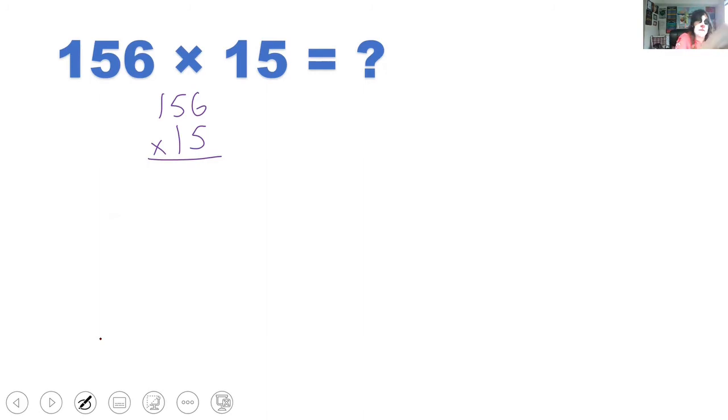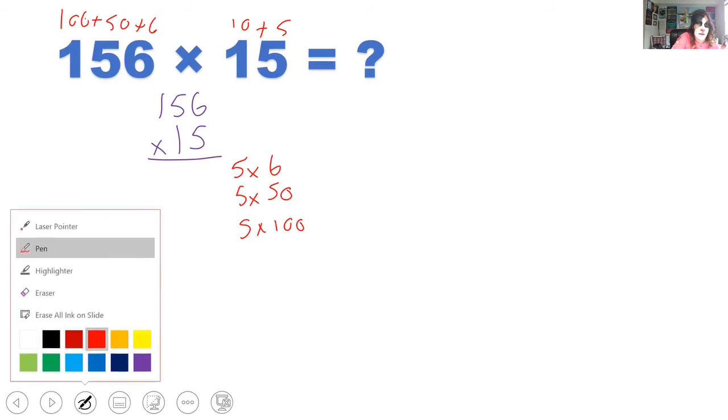So 156 is really 100 plus 50 plus 6, and 15 is really 10 plus 5 because of place value, okay? So we have 5 times 6, 5 times 50, and 5 times 100.